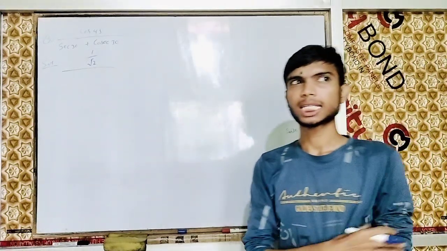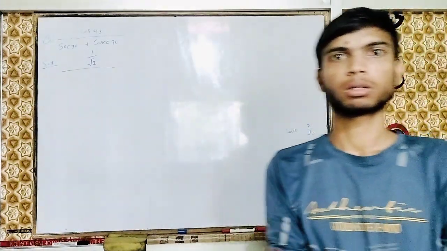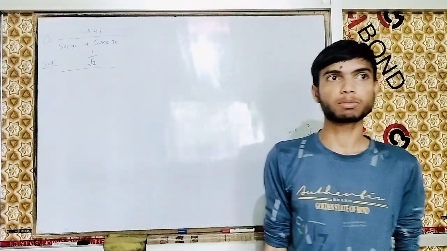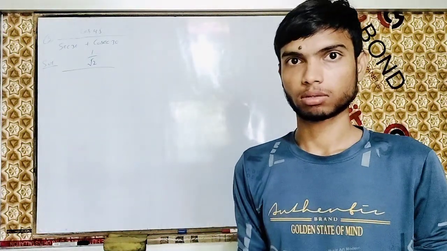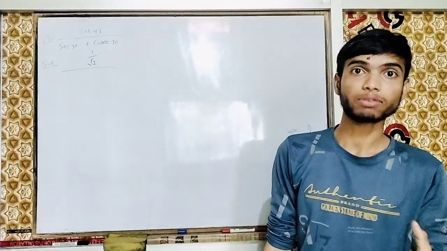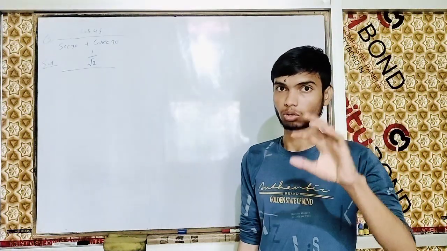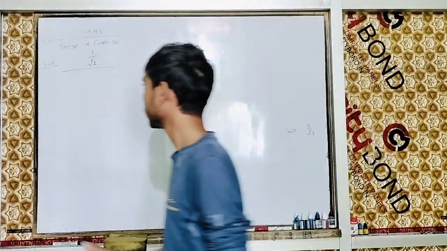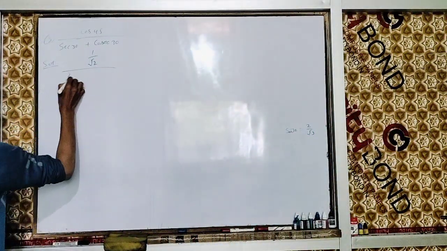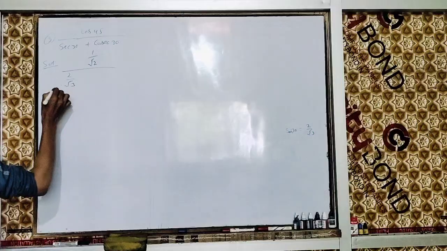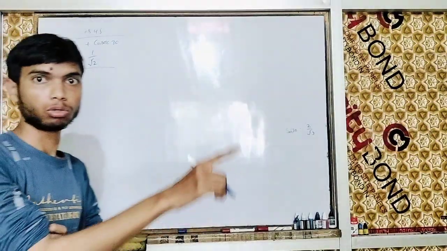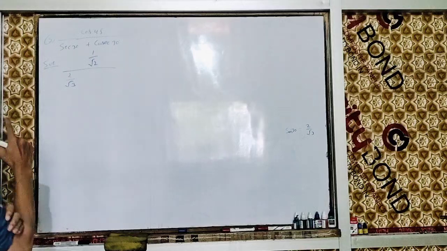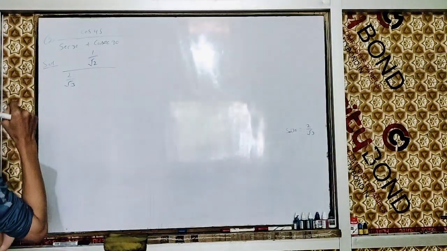Sec theta is just a reciprocal of cos, and cos 30 gives us root 3 upon 2. So the reciprocal of root 3 upon 2 would be 2 upon root 3, because sec 30 is a reciprocal of cos 30.